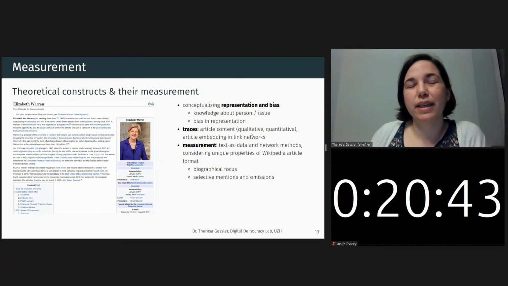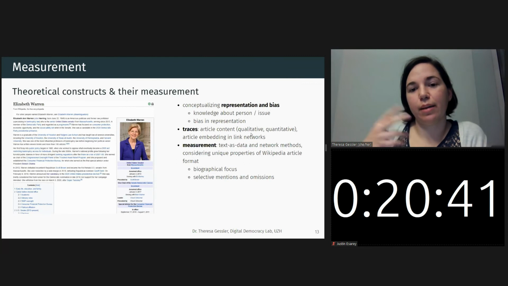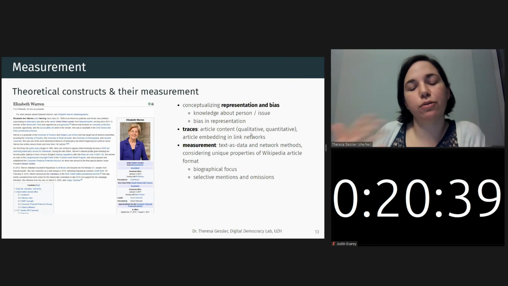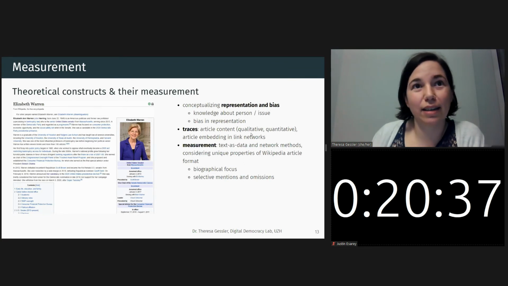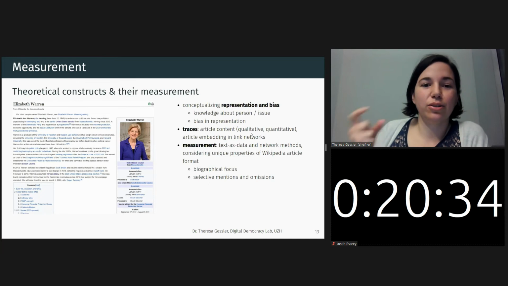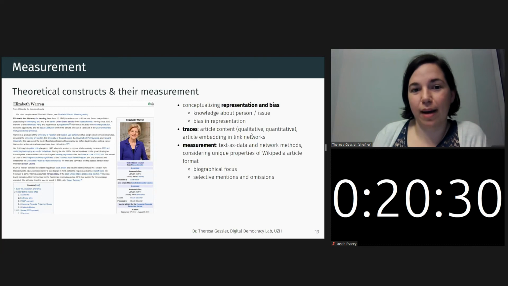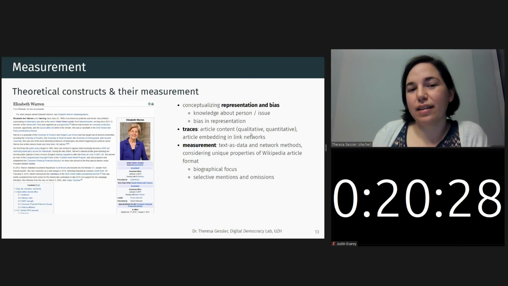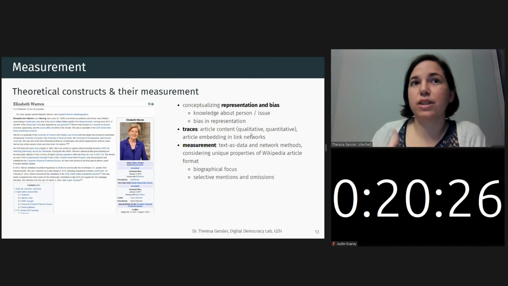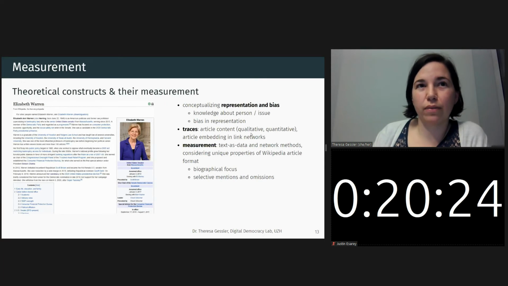So in many ways, we need to refine the concepts that we bring from other fields of political communication and studying media coverage in order to make them fit for Wikipedia. So it could be about the amount, for example. Many studies have also looked into adjectives, which are also not so present on Wikipedia.